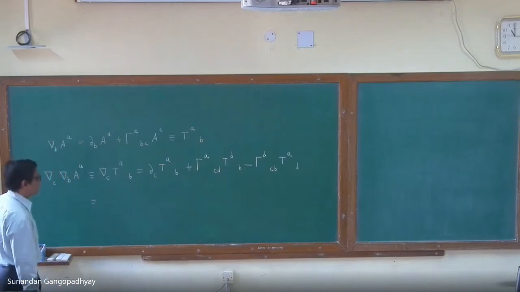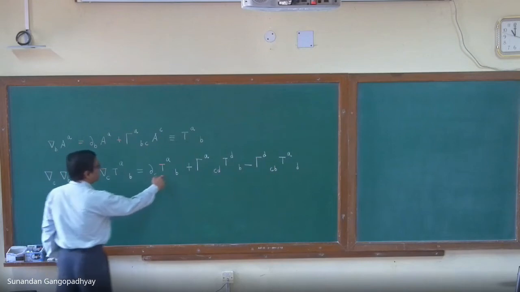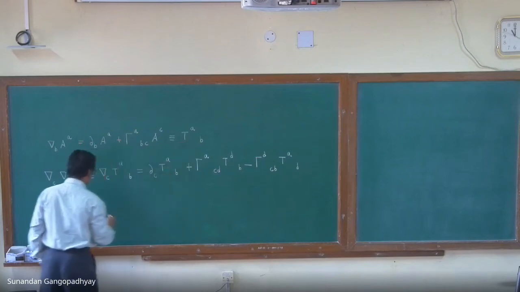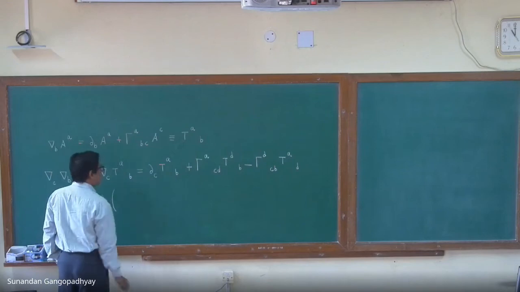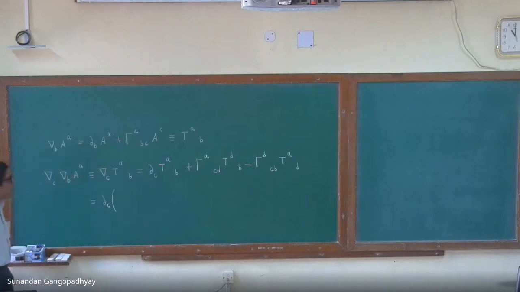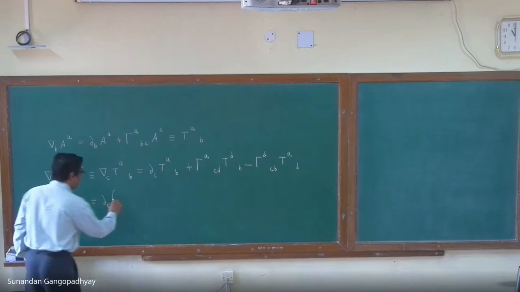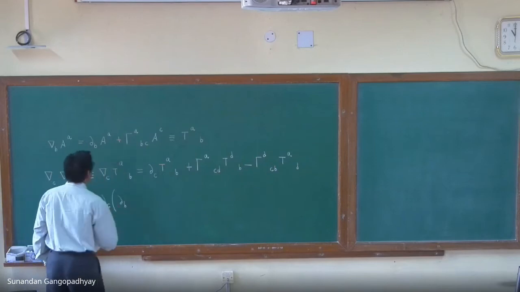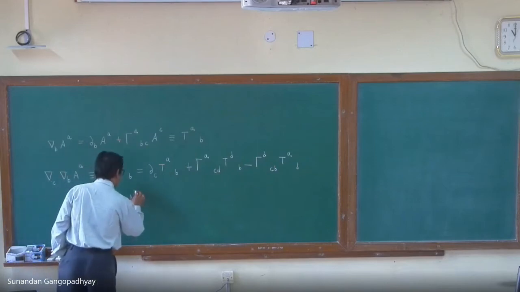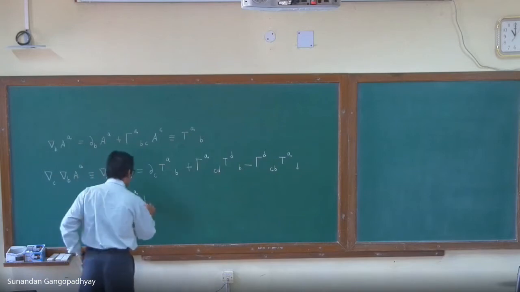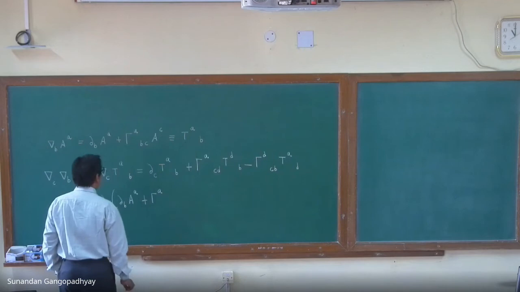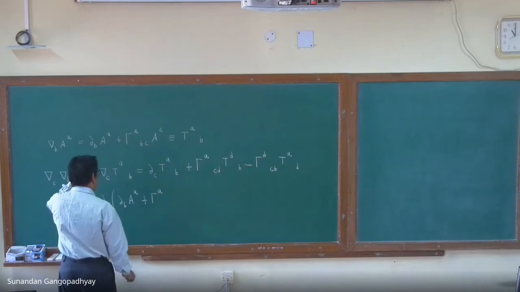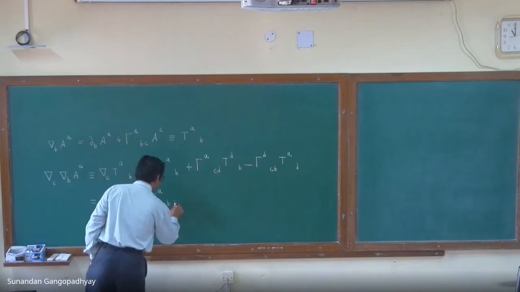And now what we shall do is put over here the derivative of A^B, which is del B plus gamma A, BC. So that gets changed to D, BE.